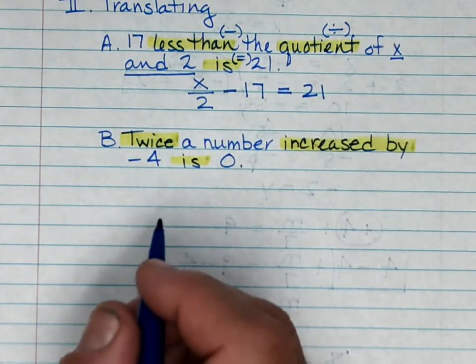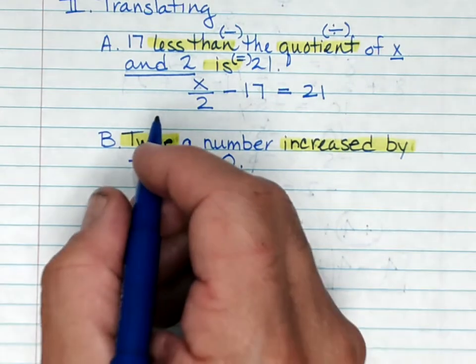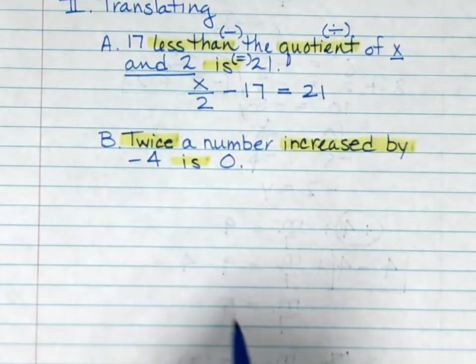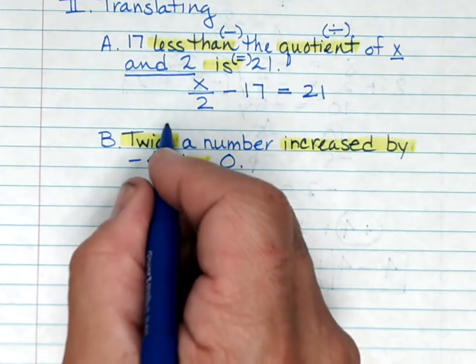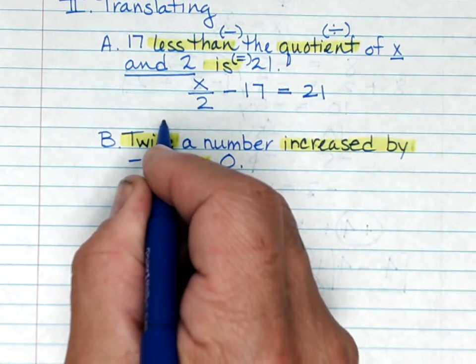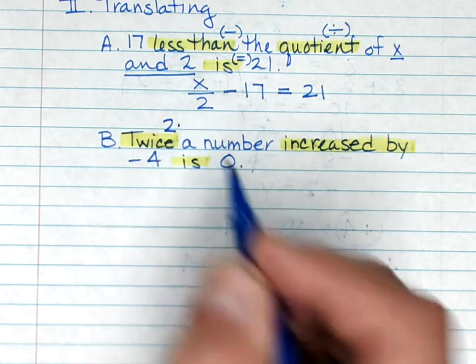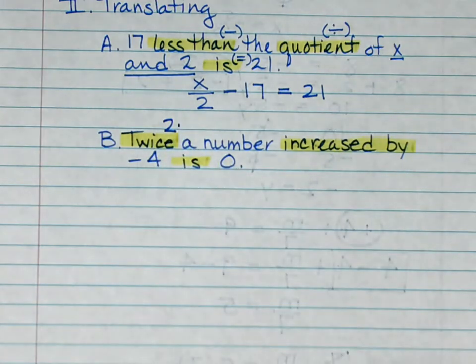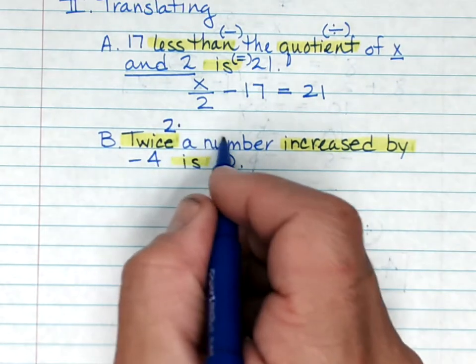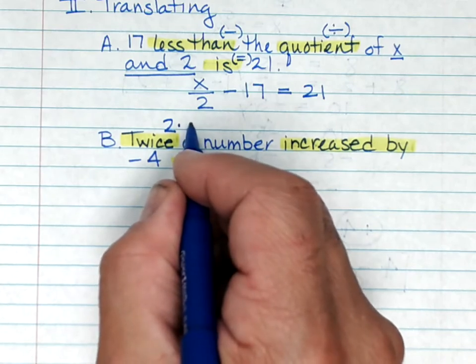Twice is a very important clue. Most kids today have said it is multiplication, which is true. And one student even was nice enough to say that it's 2 times a number. Speaking of which, 2 times a number means 2 times, let's say, y.